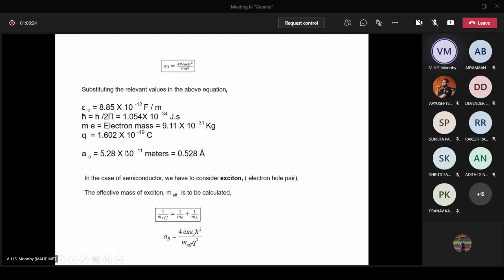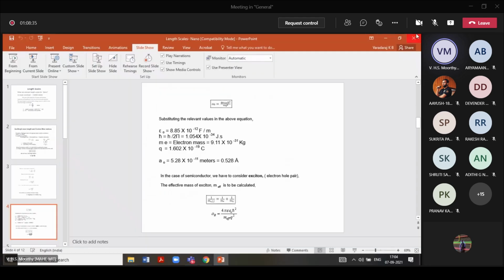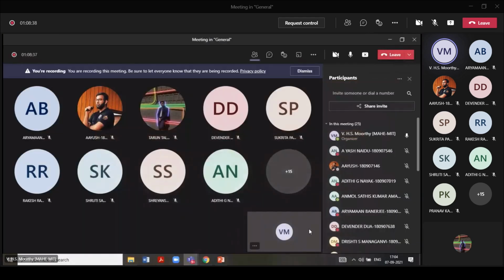You should get 5.28 times 10 power minus 11 meters, equal to 0.528 angstroms.